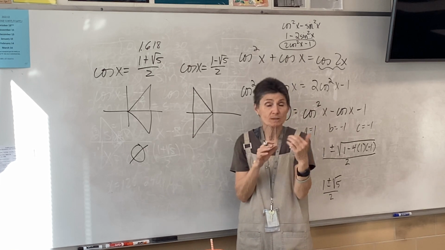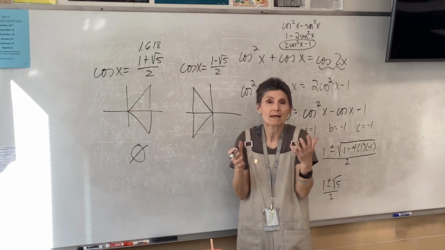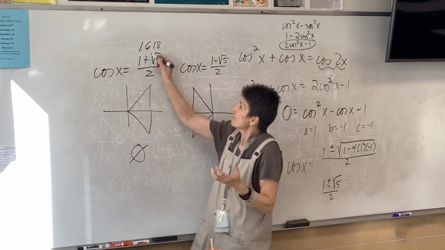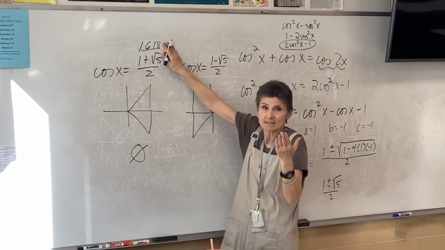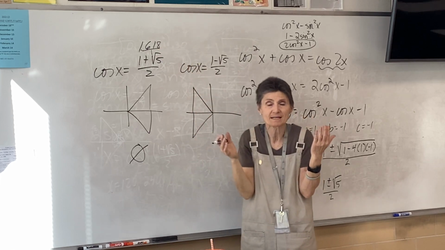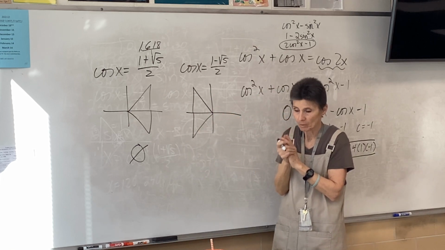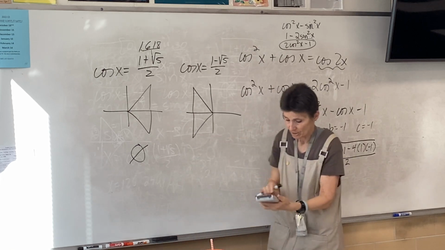Remember we had a problem where sine x equaled 3? Not possible. You cannot draw a picture where the adjacent side is 1.6 and the hypotenuse is 1. That doesn't make any sense. So there's no solutions to that one. Okay? Now, let's do the other one.